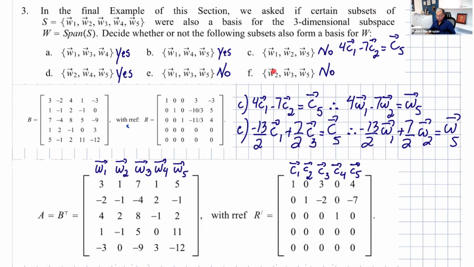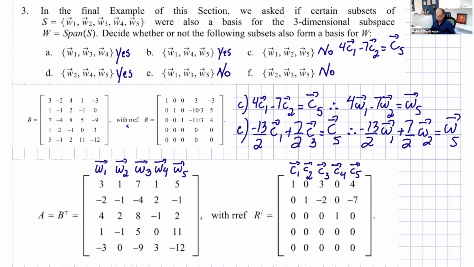Finally, F works the same way: W2, W3, and W5. Look at C2, C3, and C5. Yes, you can write C5 as a linear combination of these two because we have numbers here. If we match them, I didn't do that, but I'll let you do it yourself.